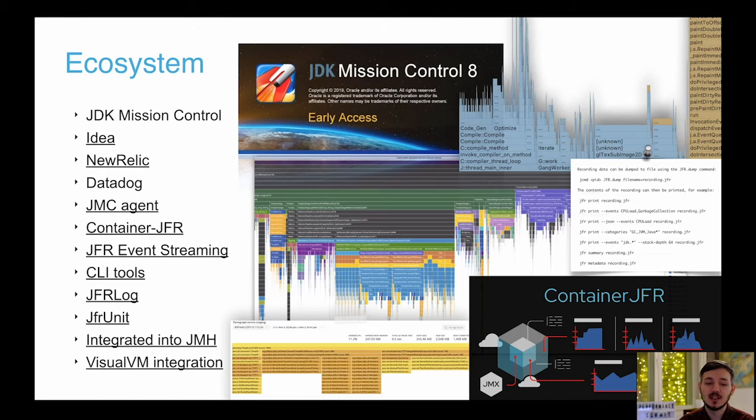Also it's integrated into VisualVM. There is integration with JMH, which is the benchmarking harness for Java, and with time it's evolving with new features, like event streaming, which should reduce overhead even more.